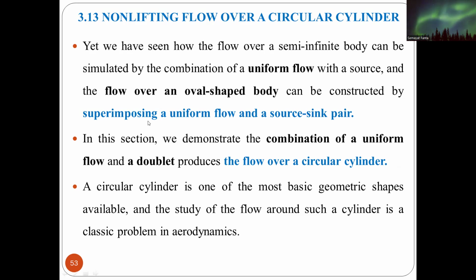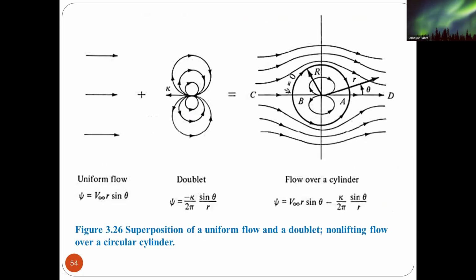The circular cylinder is one of the most basic shapes which we consider in our aerodynamic analysis, and the study of the flow around such a cylinder is a classic problem in aerodynamics. The uniform flow has the stream function psi equal to V r sine theta, and doublet flow gives psi equal to minus the doublet strength over 2 pi, sine theta over r.